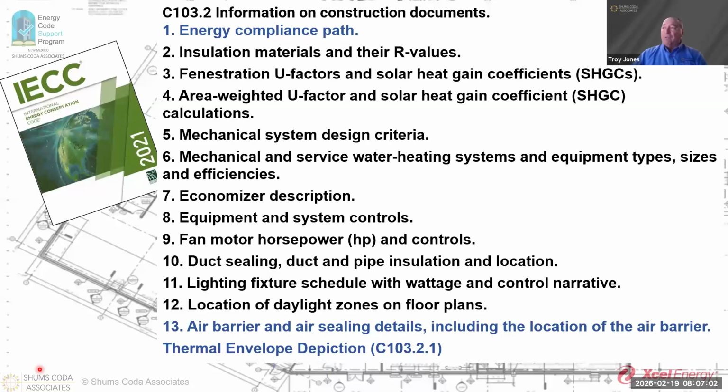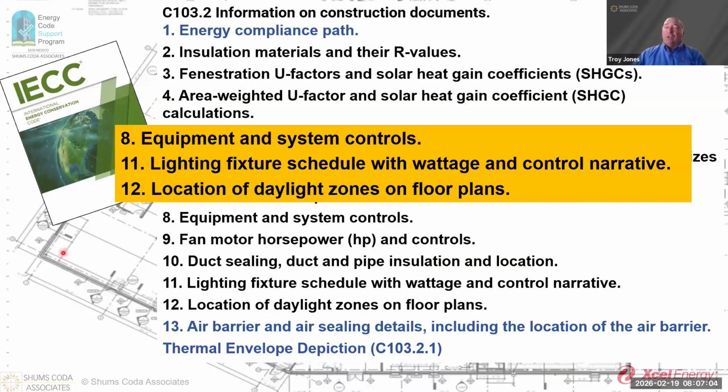This gives us everything we need for figuring out what's happening and going on with our plans and the information we have to have on those plans. Makes everyone's life easier, not only the building officials, the inspectors, and plans examiners, but also the contractors, because with that information there, there's no guesswork going on or limited guesswork. We can make changes, but we need to make sure it's all documented.